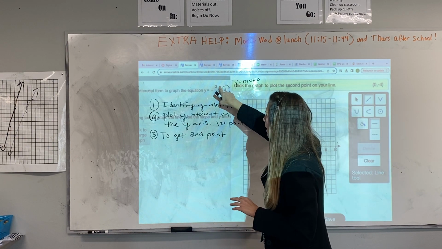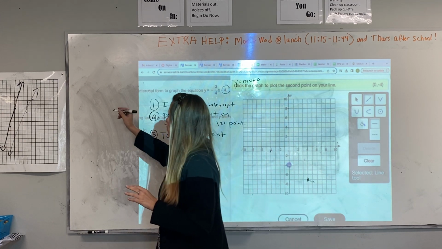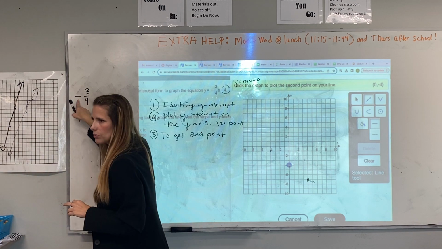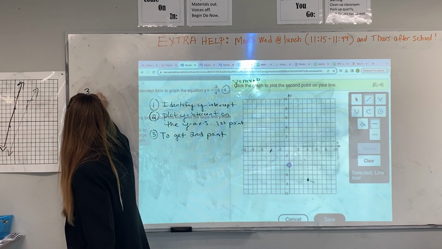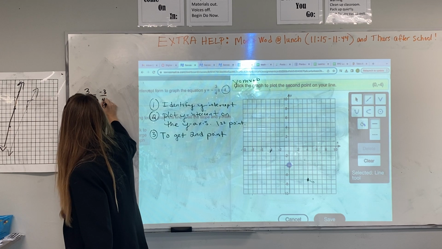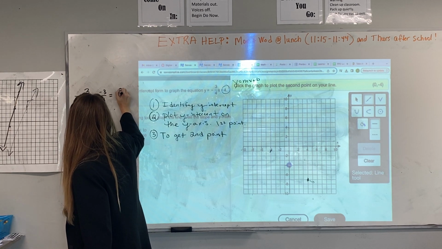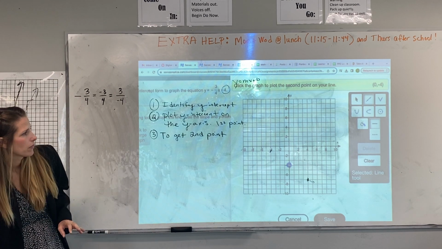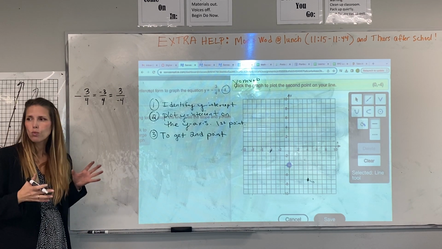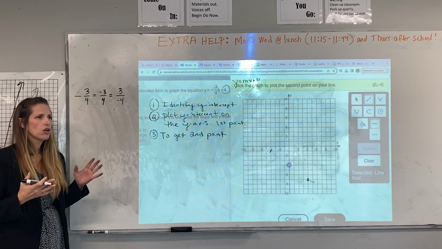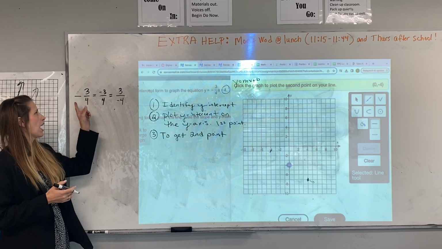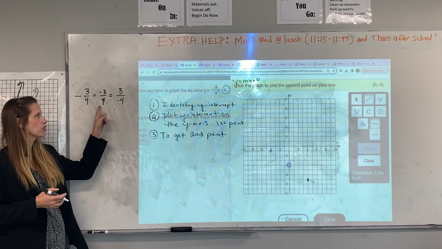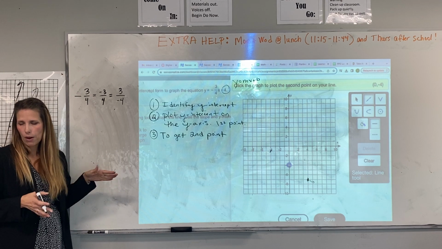Technically this is my rise. So -3/4, where the negative is outside of the fraction, is the same thing as -3/4, and it's also the same thing as +3/-4. Do you agree with that? Now, generally, when we are doing slope, we usually just assign the negative to the numerator, go down that much, and then go to the right however much the denominator is.